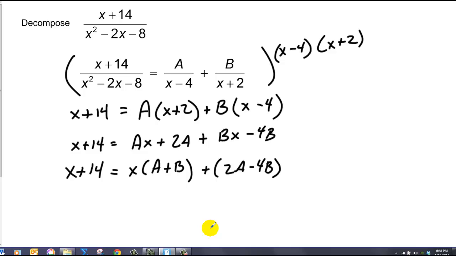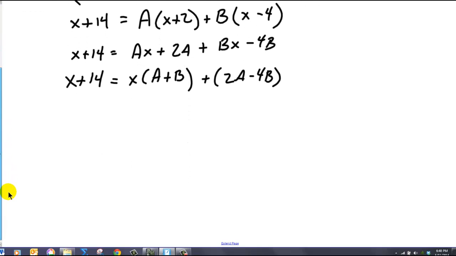Now you'll notice that I have an equation. And an equation states that whatever's on one side is equal to the other. So what that says is that for my x term on the right side, I have a coefficient with that x term of a plus b. On the left side, my coefficient in front of the x term is 1.